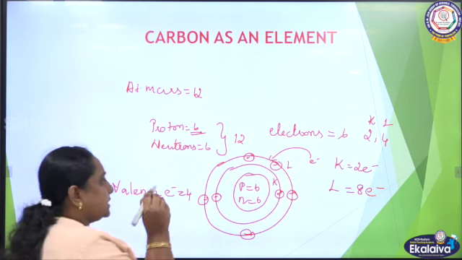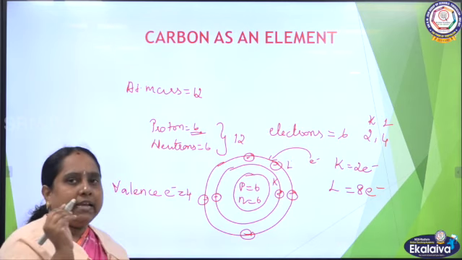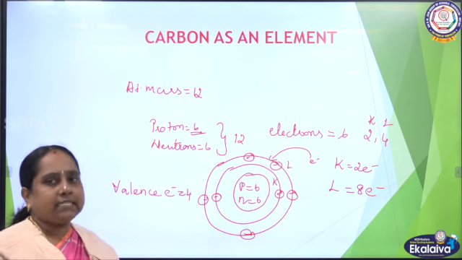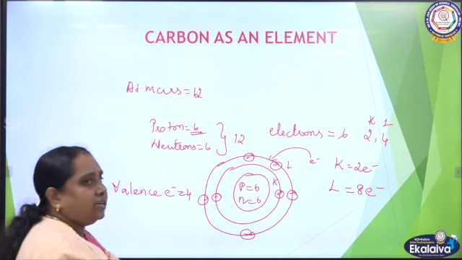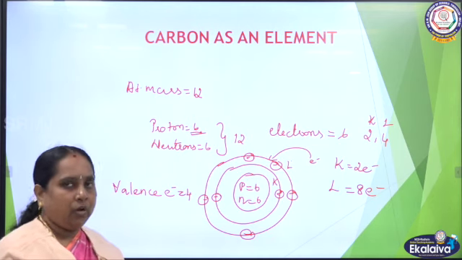The 6 protons can supply energy for only 6 electrons, not more than that. That is why carbon cannot gain electrons.